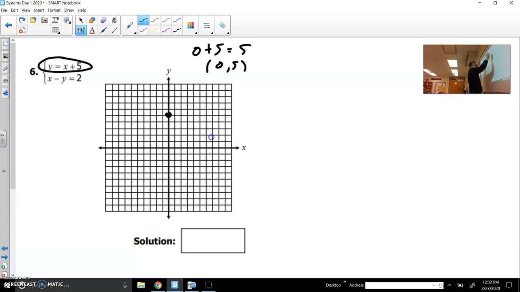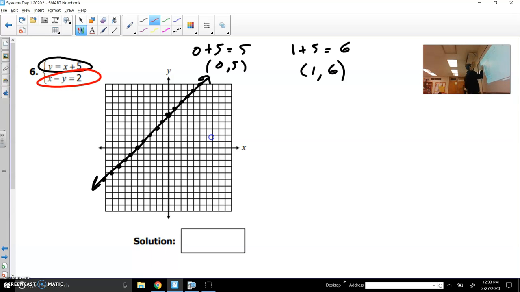And if you plug in 1, 1 plus 5 is 6, so 1, 6 is another point. Or 2 plus 5 would be 7, or 3 plus 5 would be 8. And so that line is easier to graph than the second one because it was already solved for y equals.